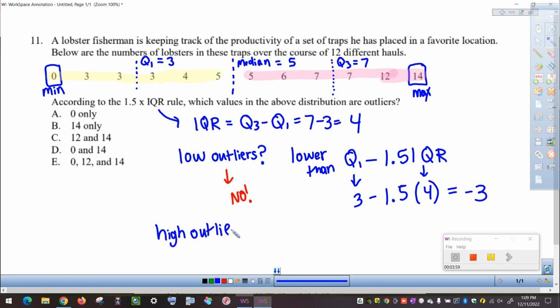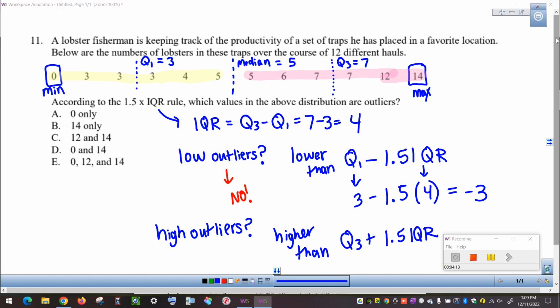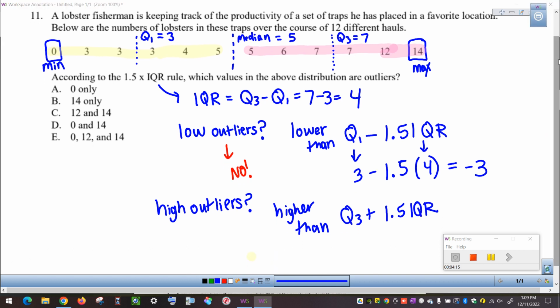The next one that we're going to check is if we have any outliers on the high end. In order for it to be a high outlier, it has to be higher than Q3 plus 1.5 times the IQR. Q3 was 7. So we're going to do 7 plus 1.5 times our IQR, which was 4.